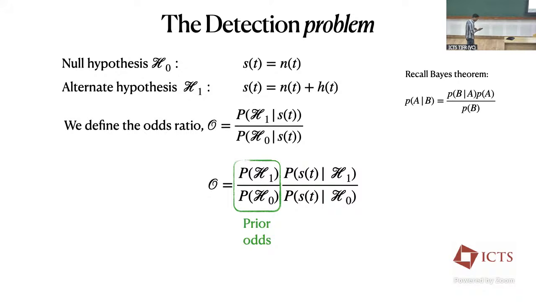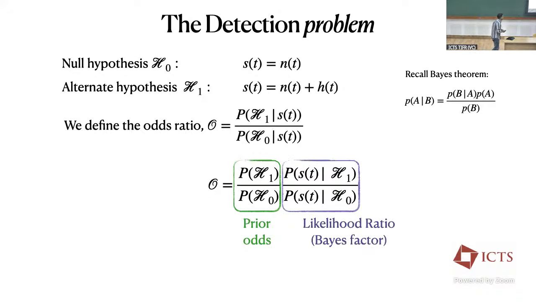really small. So to get a large odds ratio, the next factor, which is the likelihood ratio, has to be really large. And I'm just going to define formally the likelihood ratio in the coming slides. Okay?